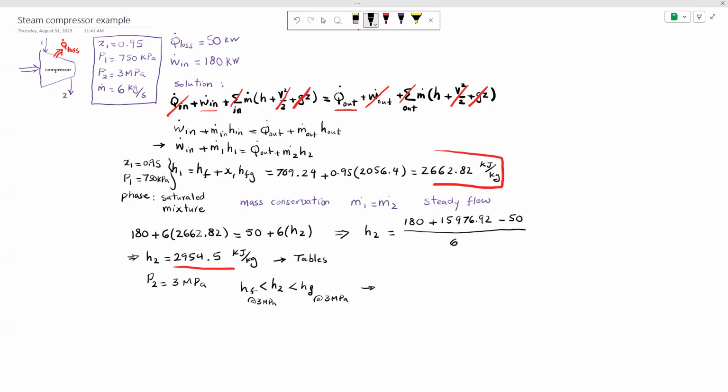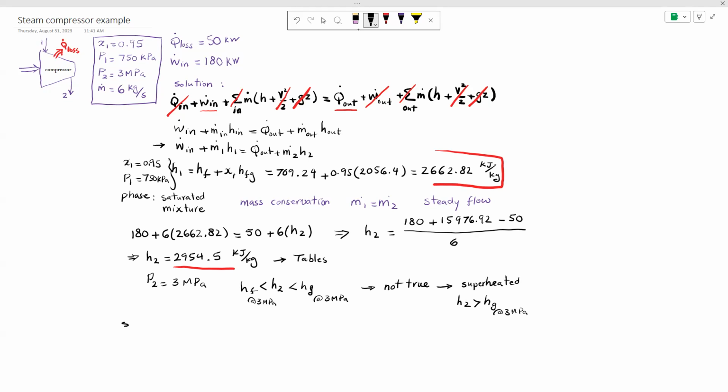We'll see that this is not true, meaning that it is superheated because H2 is larger than Hg at 3 megapascal.